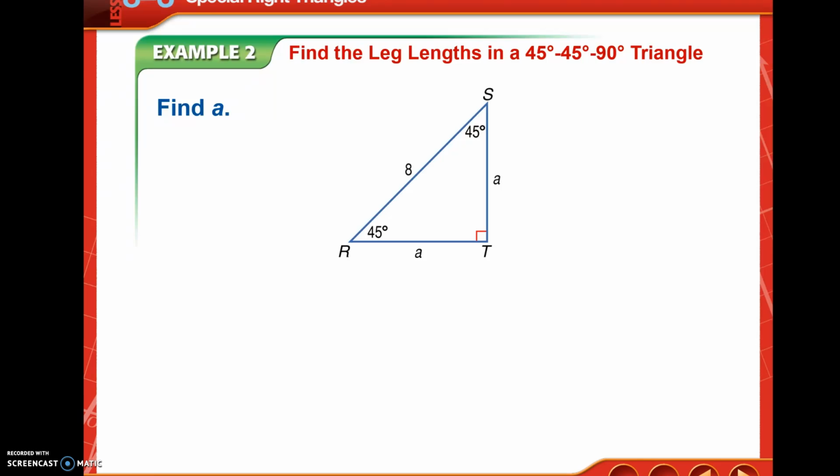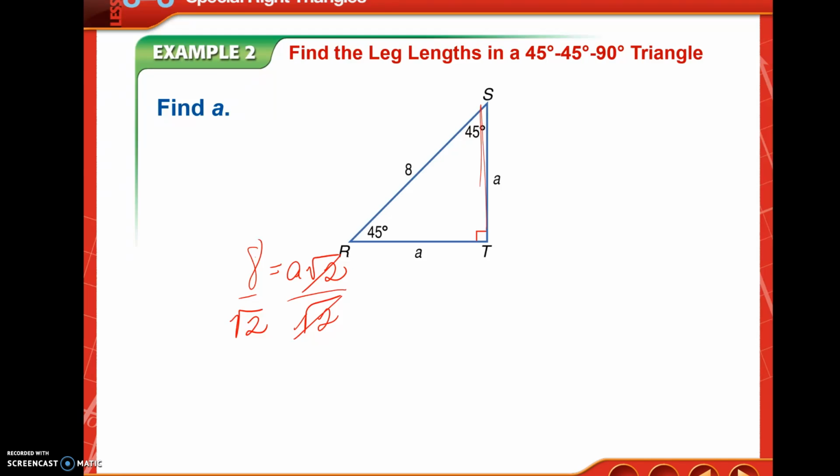And that one. All right, so now we're looking for the leg here. So we found 8 by taking a times the square root of 2. So 8 equals a square root of 2. And we divide by that square root of 2 to get a then.